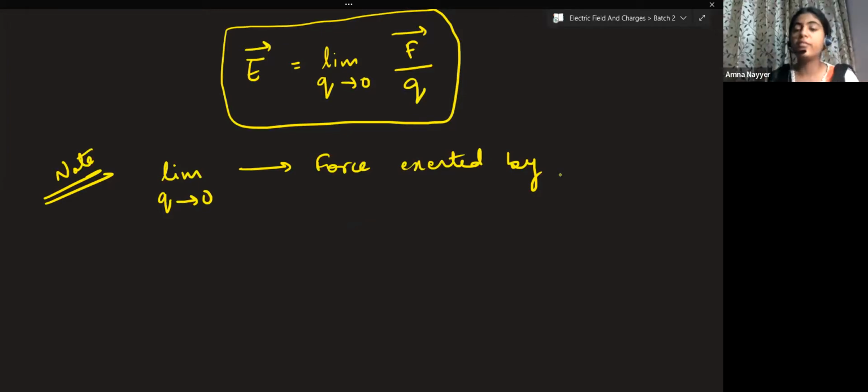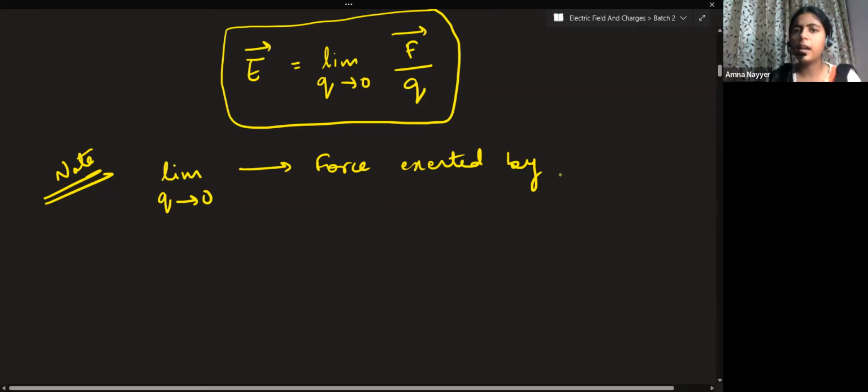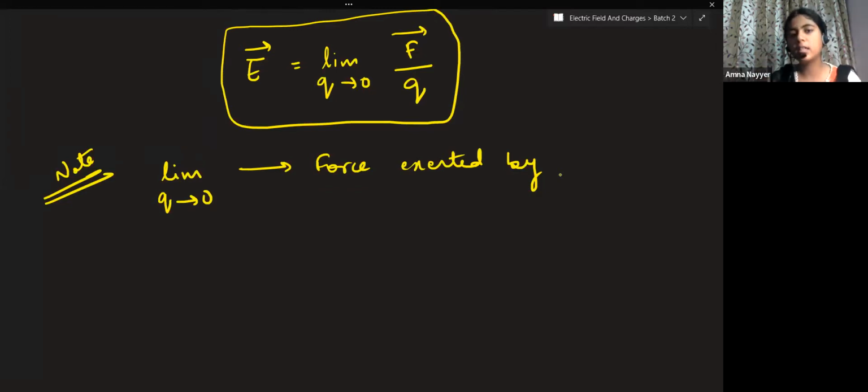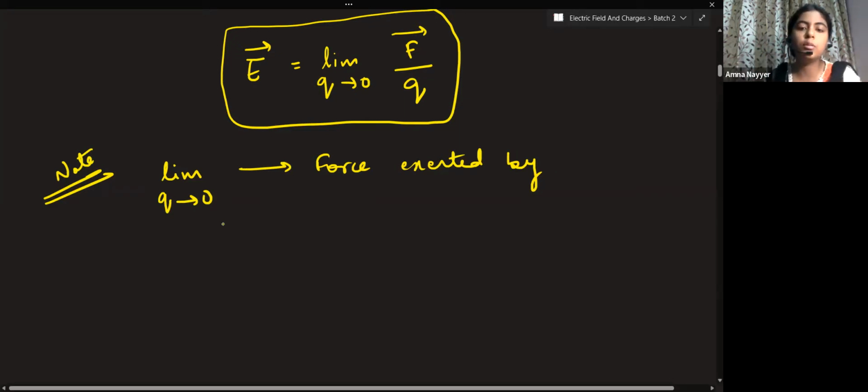So if plus capital Q is exerting force on small plus q, then the reciprocal can also happen, meaning small plus q can also exert force on capital Q. There is no reason that small q cannot exert force. So in order to limit that, we have written limit q tends to 0. Means whatever force is exerted by small q on capital Q is negligible.